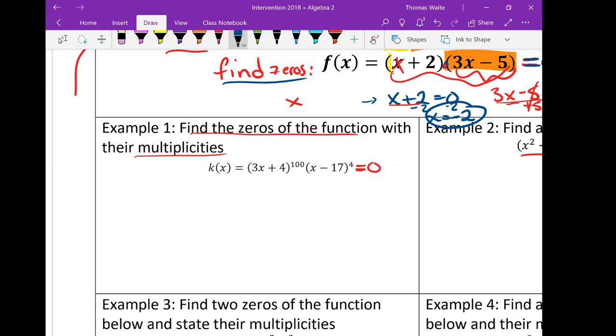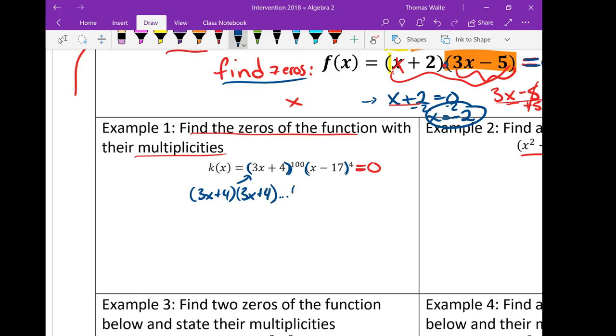And again, I see here I have a lot of things being multiplied together in this polynomial. First of all, I see this thing right here, this 3x plus 4 all to the 100th power. That means we're multiplying 3x plus 4 by itself 100 times. I won't even want to write them all out. That's being multiplied by itself over and over again 100 times.